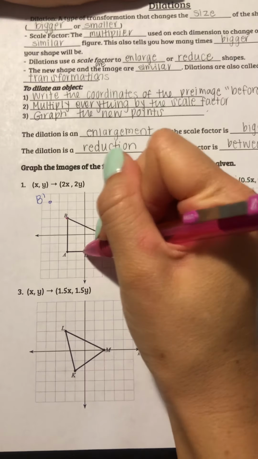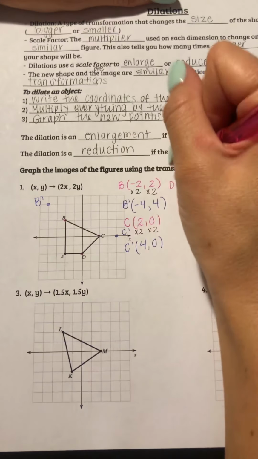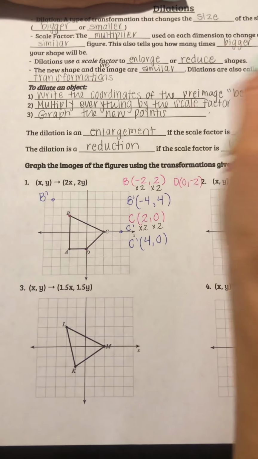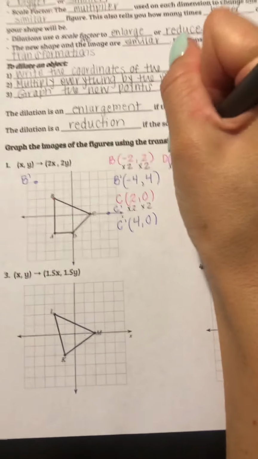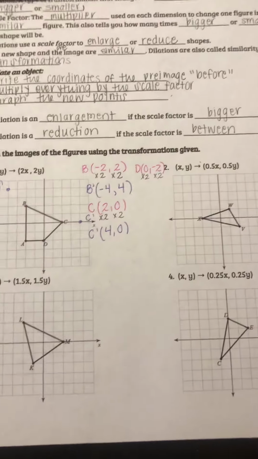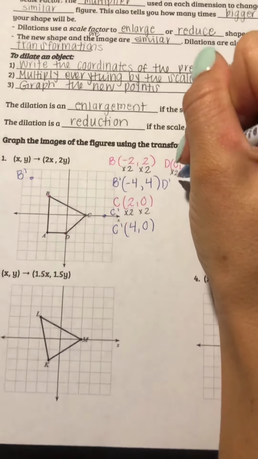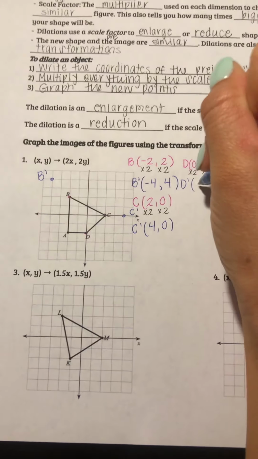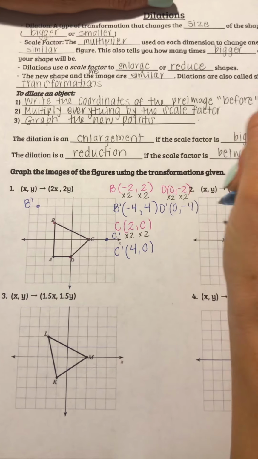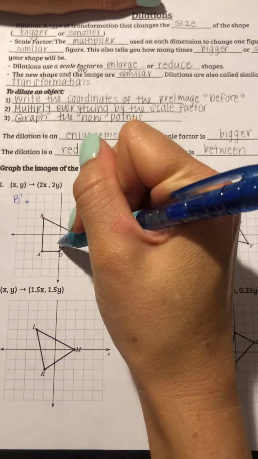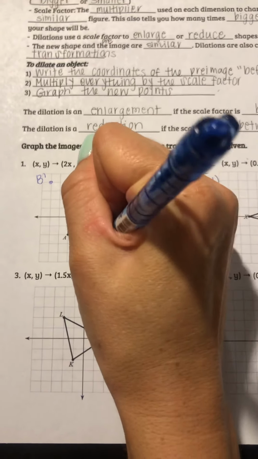And your next point, D, that's at (0, -2). And same thing, multiply both x and y by 2. And that gives you D prime of 0 times 2 is 0, -2 times 2 is -4. So then I go there. And that's D prime.